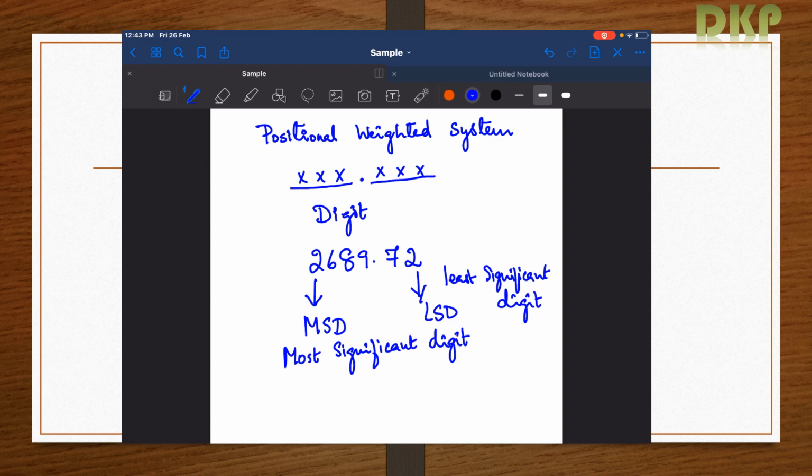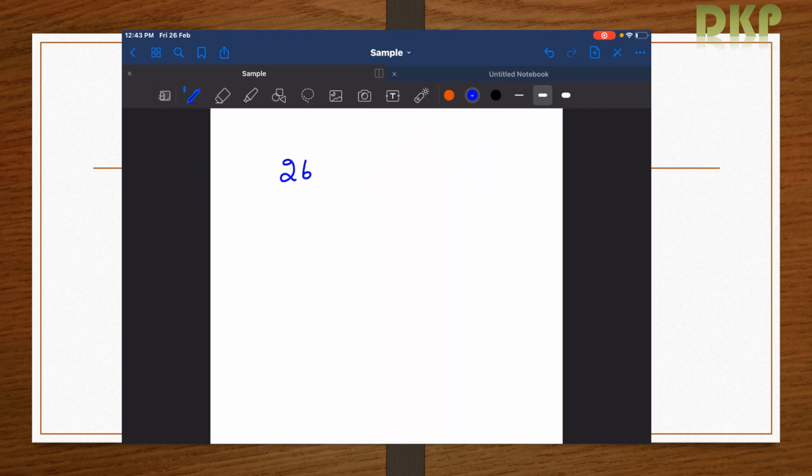Now the digits on the left side of the decimal point is called the integral part. I'll write this once more. So this is the left part of the decimal.